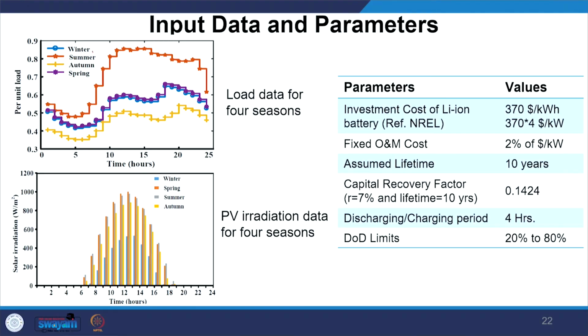So this is the load data for 4 seasons. We have considered winter, summer, autumn and spring, and you can see different load characteristics. All right, and this is the irradiation data for the 4 seasons. In general, though the magnitudes are different, as a whole the scenarios are almost the same, and these are the costs that have been assumed.